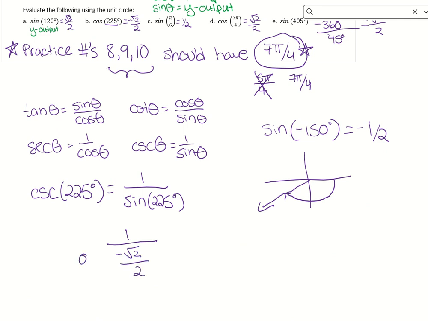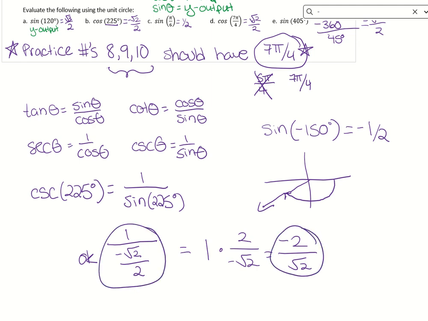It is okay to leave it like this. It's also okay to remember keep, change, flip. So keep your 1, multiply by 2 over negative root 2, and you'll get to negative 2 over root 2. And it's okay to put it like this.